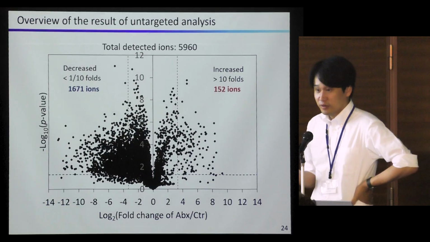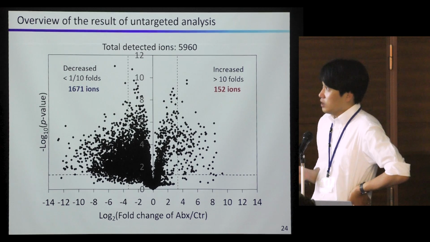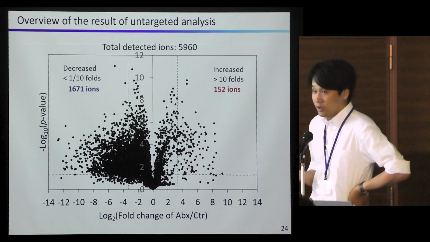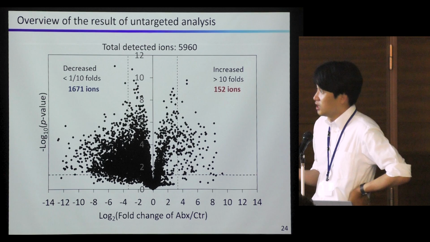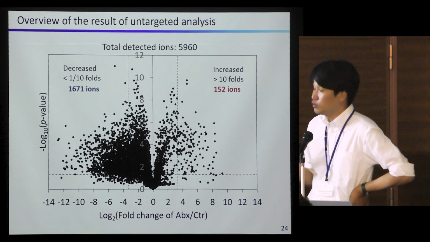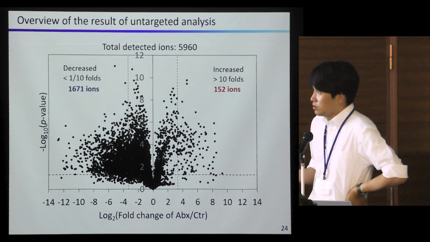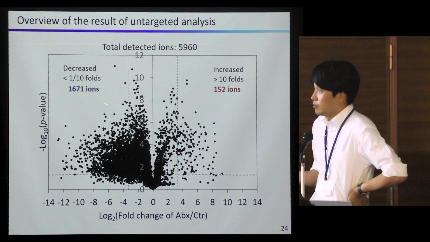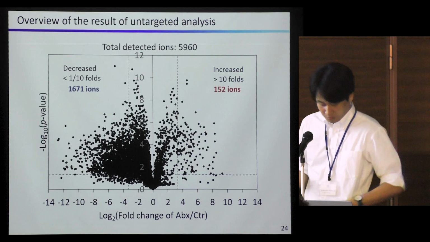This is the overview of the result. We found around 6,000 ion features. This is the volcano plot. The right side indicates the metabolites increased by antibiotics, and the left means the decreased metabolites. So many metabolites were decreased in the antibiotics-treated group.